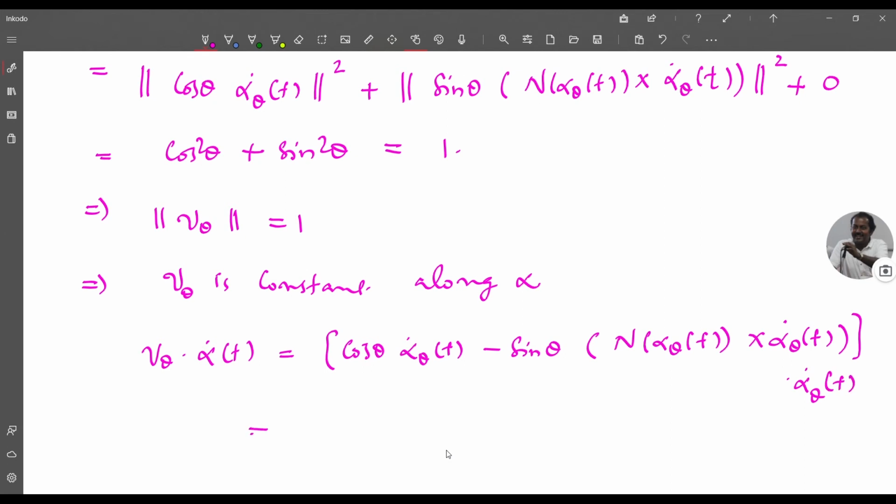So you can see that this quantity into alpha theta dot of t is 0. So remaining is cos theta into norm alpha theta dot of t the whole square. So this is cos theta.